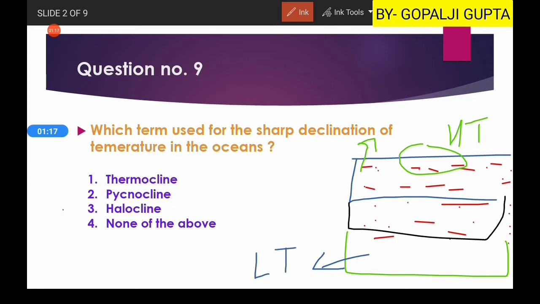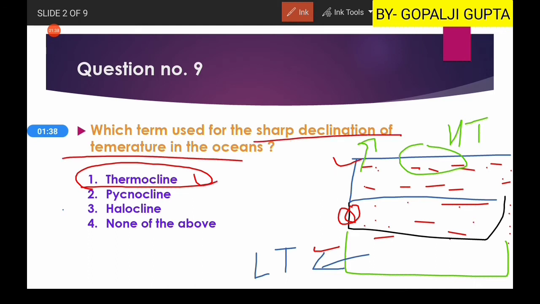Between these two is a layer where there is a sharp decrease in temperature, from high to low, and this zone is known as your thermocline.